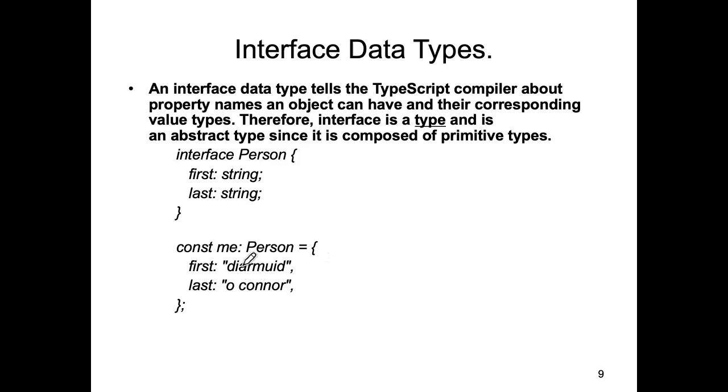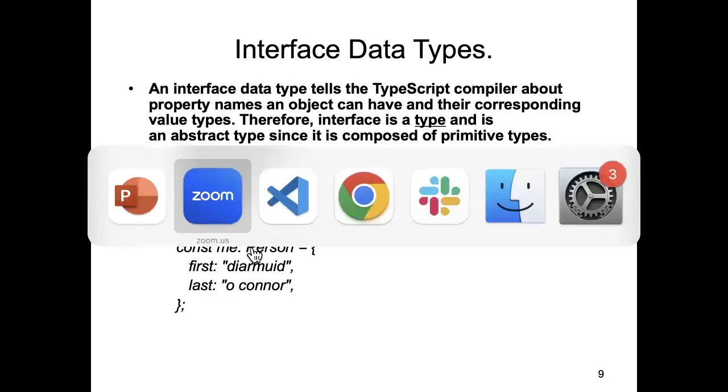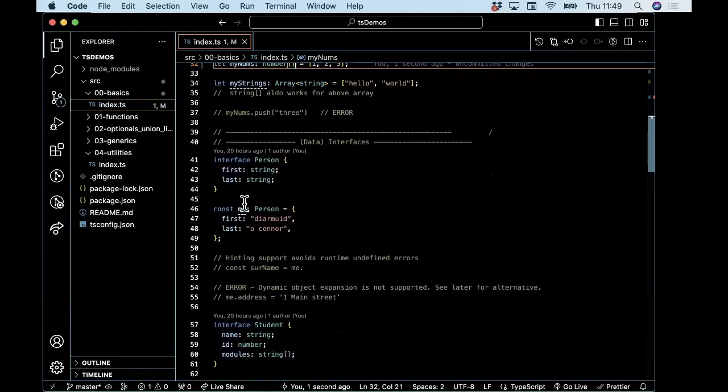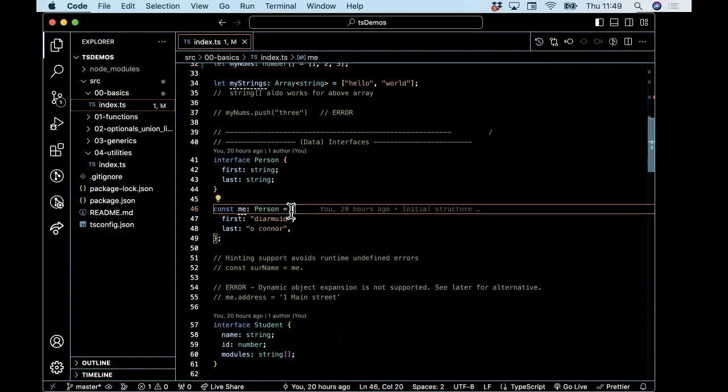The TypeScript compiler will complain if you try to violate this constraint that you're putting on the variable. So let's switch over to the sample code. So here we go. And really where this shines is, supposing I just for the moment take out all of this stuff here.